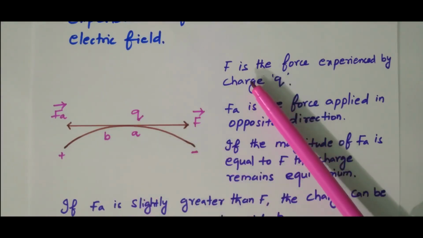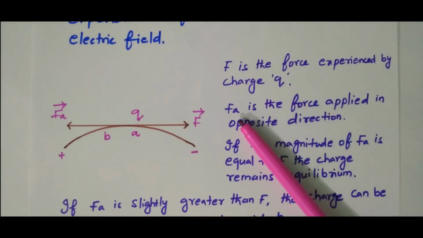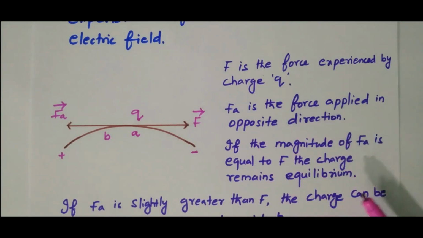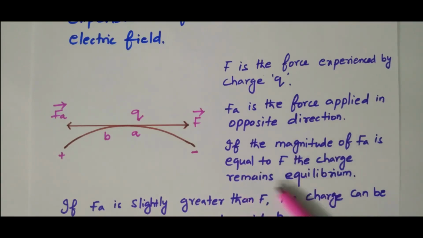So this description is given. F is the force experienced by the charge Q. Fa is the force applied in the opposite direction. If the magnitude of Fa is equal to F, they remain in the same place, equilibrium.